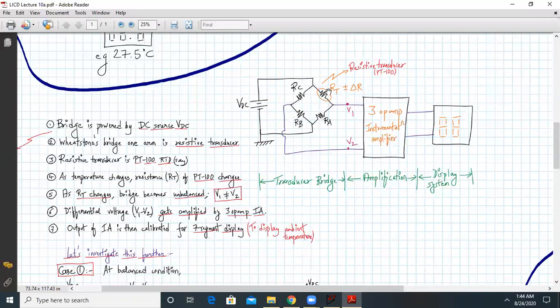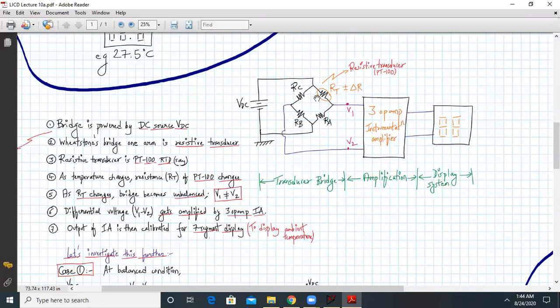Either it will become RT plus delta R, or it will become RT minus delta R. So whenever the resistance changes, the bridge will become unbalanced. Whenever there is no temperature difference, all the arms of the bridge are of same resistance. So V1 and V2, there is no voltage difference. So V1 minus V2 is 0. They are basically the same.